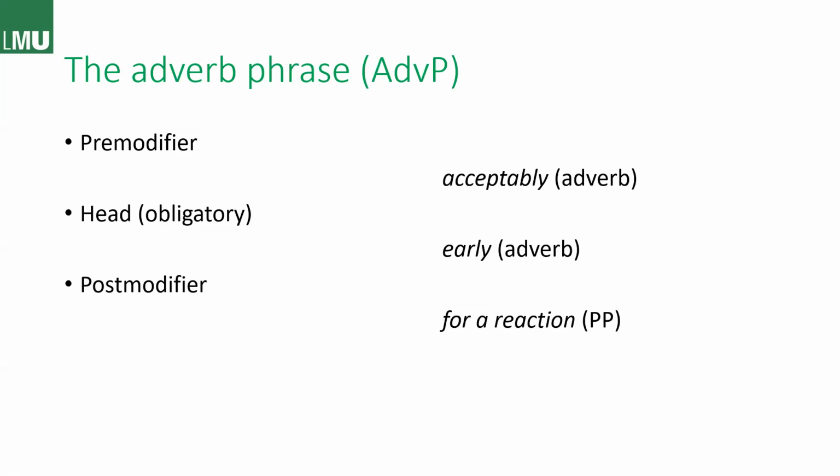So for most of these pre and post modifiers, you've got several options. I'm trying to show you as many as I can, but ultimately that is down to context as well. But for the adjective and adverb phrase, an adverb as the pre-modifier is a very likely option that you have.